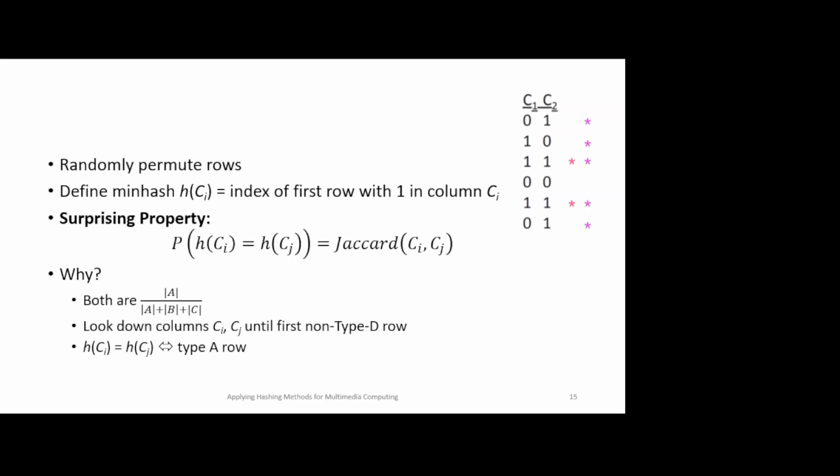We have 6 rows here, and we ignore the 0 row. We ignore it, and there are 5 rows.